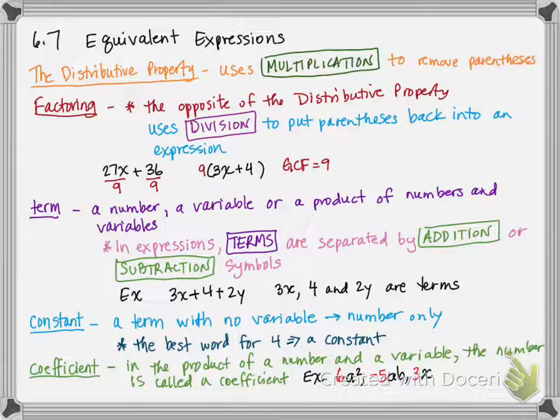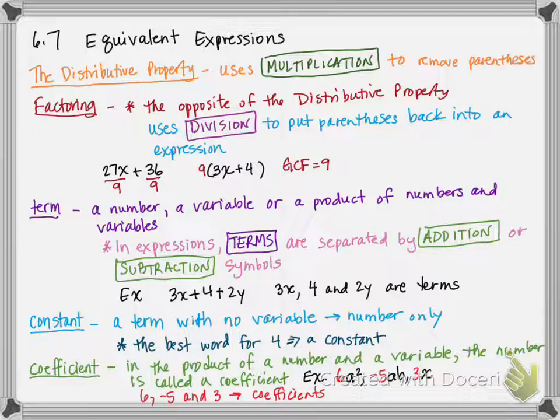I'm going to say that 6, negative 5, and 3, those are the coefficients. So they are the number part of a product that contains a variable.